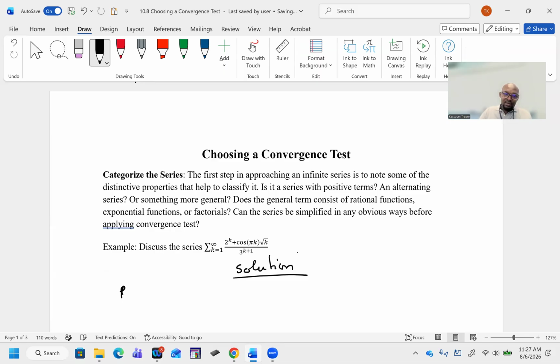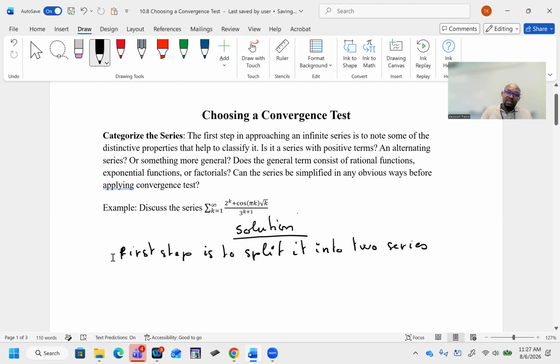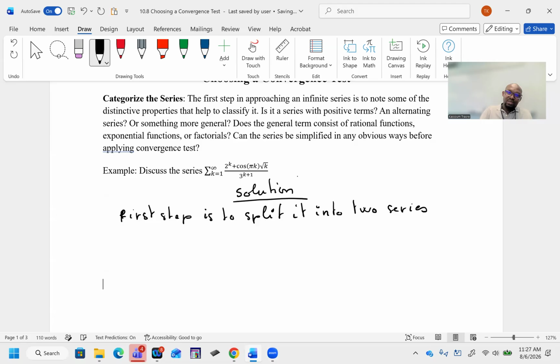First step is to split it into two series. And of course, that should not be something difficult to do.